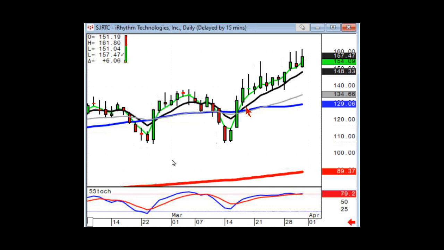The T-line is probably your most relevant functional support and resistance level of human nature. Then we've got the little 3T line, which works in conjunction with the T-line. Now I put the 34 on here because it works reasonably well. So the whole idea of what you put on your chart is based on how well it works to improve your probabilities of identifying where support and resistance levels are.